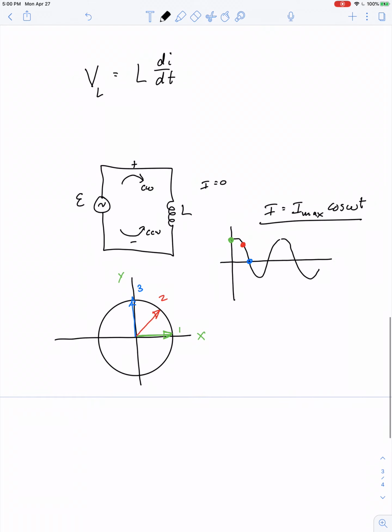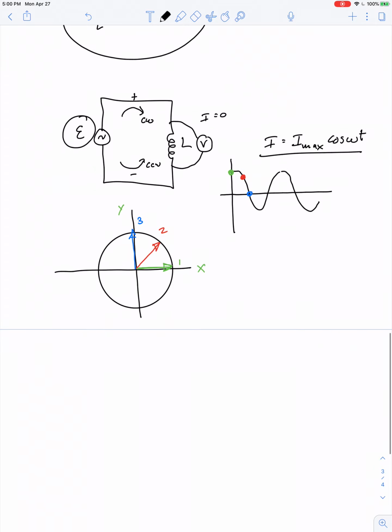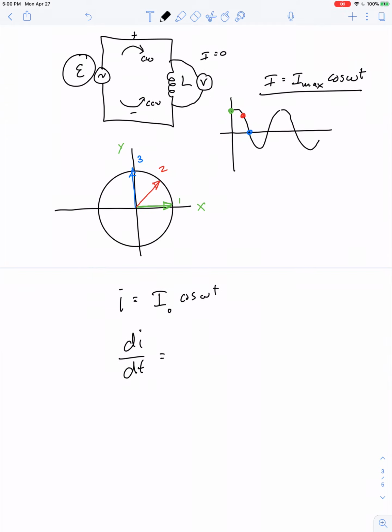Okay, well, the voltage, if I hook up a voltmeter and measure it across the inductor, I don't get the greatest voltage reading at the moment that the current is at its largest value, right? If I is equal to I maximum, or maybe I'll call it I naught, cosine omega t, then di/dt is equal to the derivative of cosine, which is negative sine, so di/dt is negative omega I sine omega t.